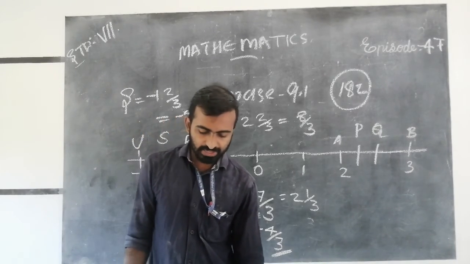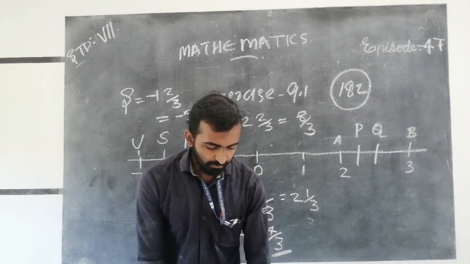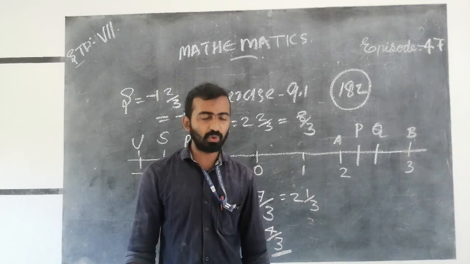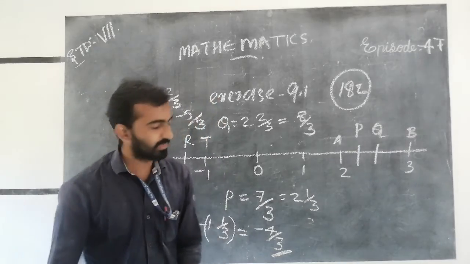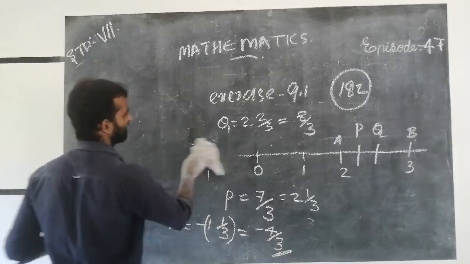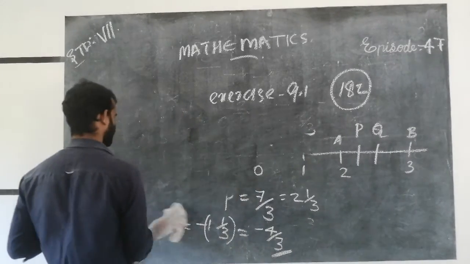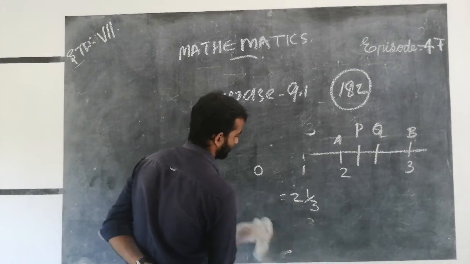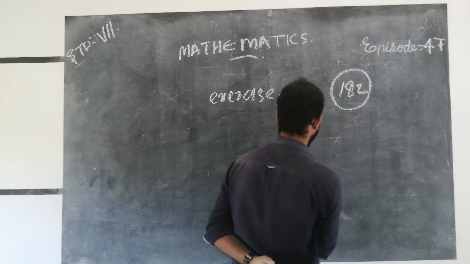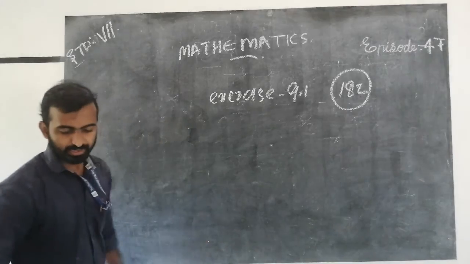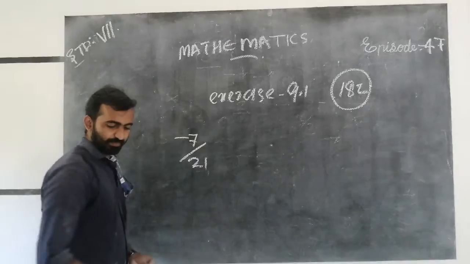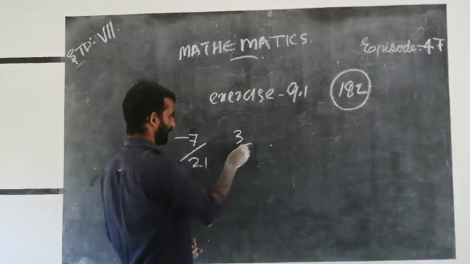And the sixth question. Which of the following pairs represent the same rational numbers? We want to check that. That is negative 7 by 21 and 3 by 9.